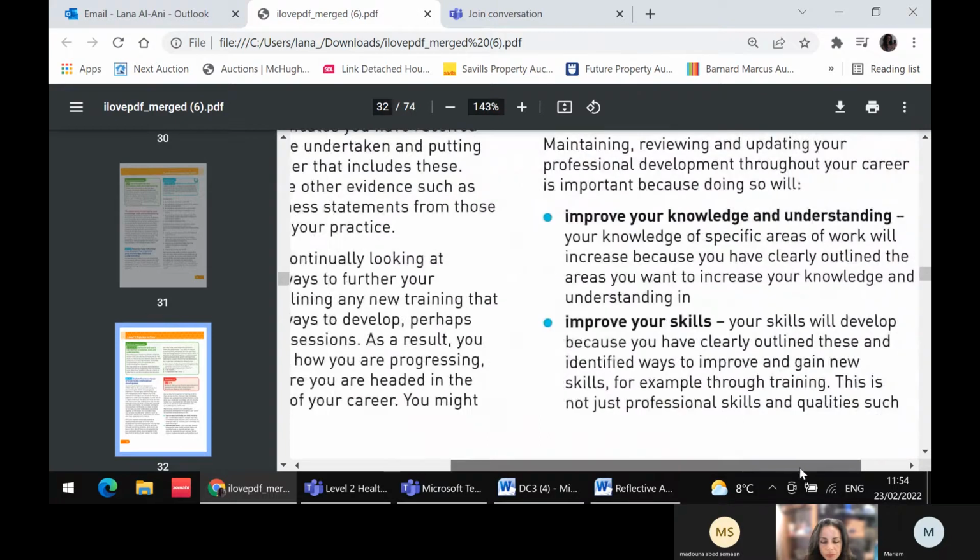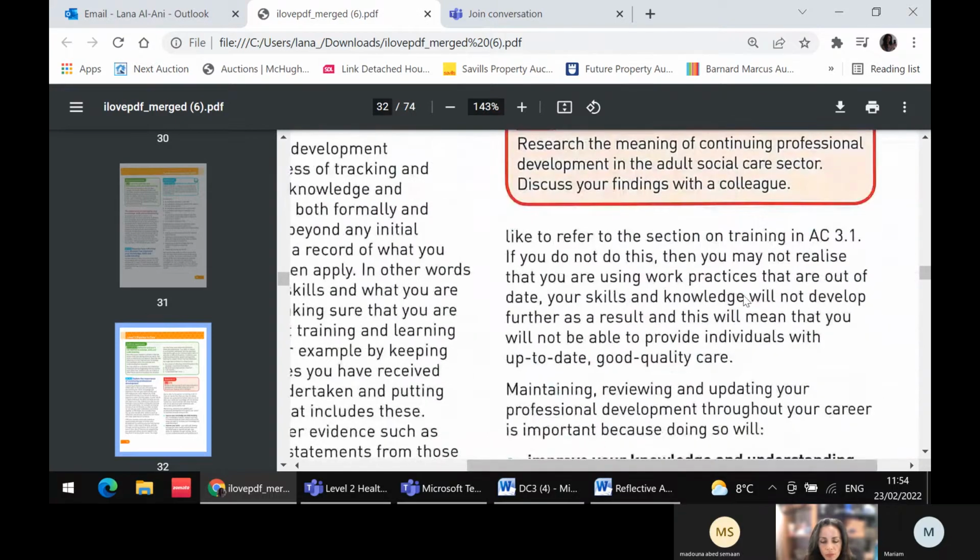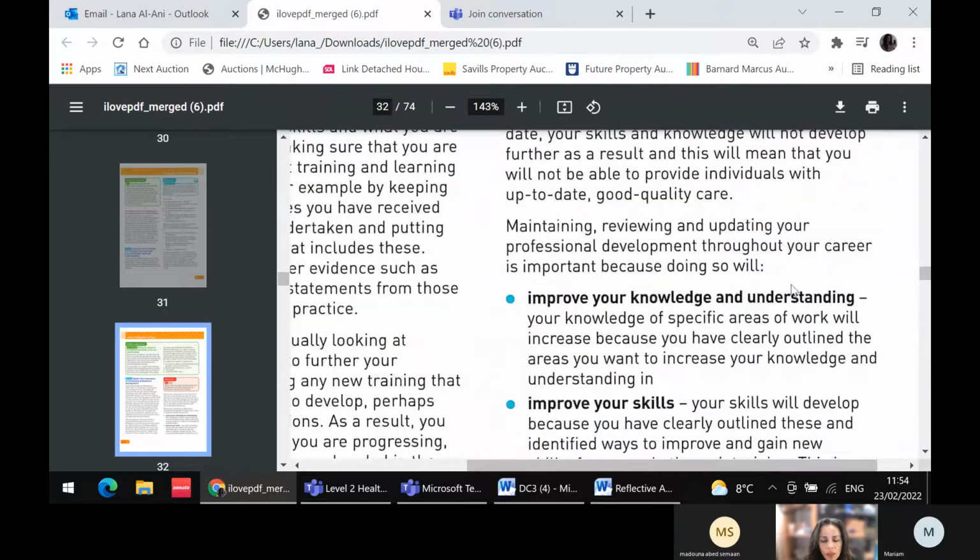So now, maintaining, reviewing and updating your professional development throughout your career will help you in so many ways. First of all, it will improve your knowledge and understanding.